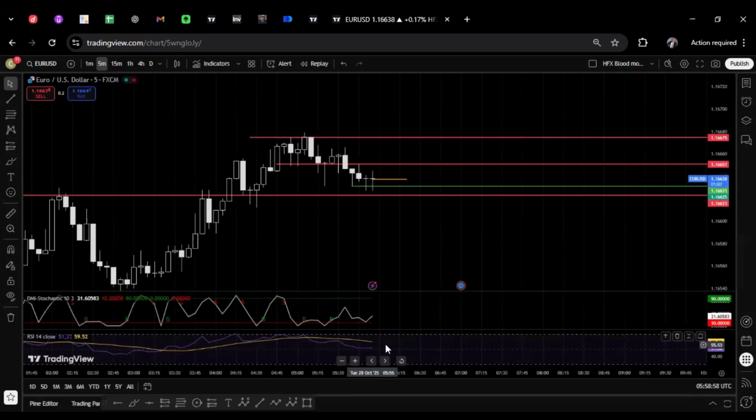It's been a while since I used this indicator. It's great, but don't overburden yourself or get obsessed with indicators.